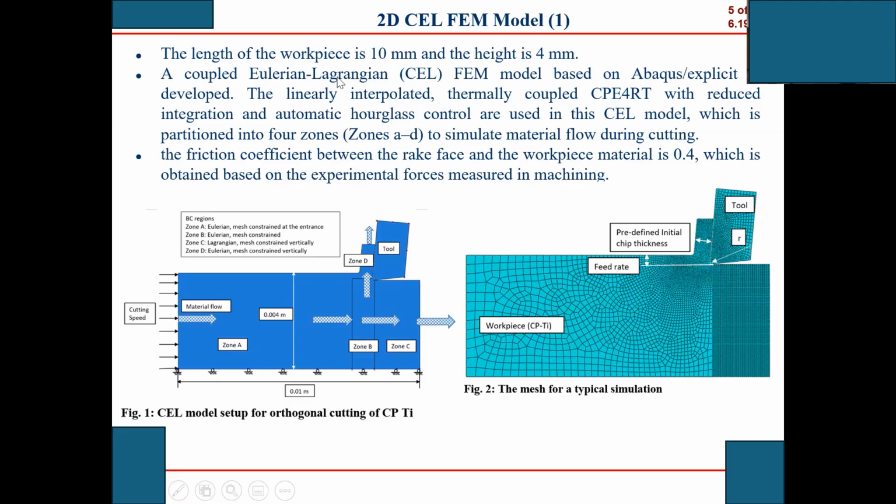So in this one, Eulerian and Lagrangian. Eulerian means that in this FEM formulation, the mesh does not move. The material points and the mesh are independent from each other.